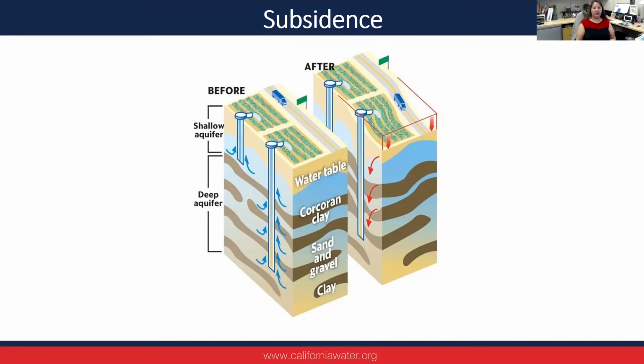And one of the biggest side effects of subsidence is that we lose storage space. So we tend to do some groundwater recharge, or even naturally with rains, we've been able to put water back into our ground. But if our ground is compacted, it no longer has the space that it once did. So we lose that space due to subsidence.